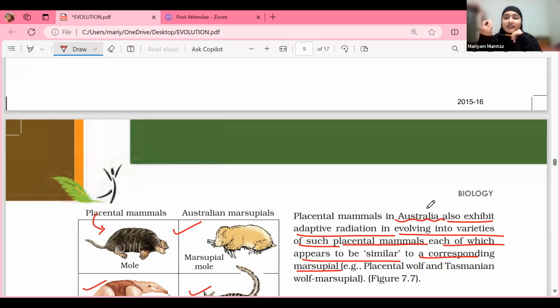What would be the same function, or how are they homologous? That is my question. Ma'am, homologous is same structure and different functions, right? Hmm. So the brain and the heart would have different functions, right? Yeah, they would have different functions.